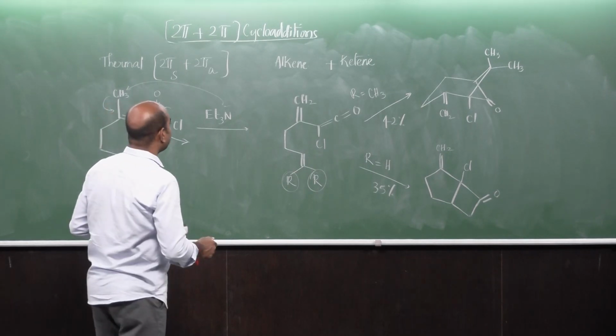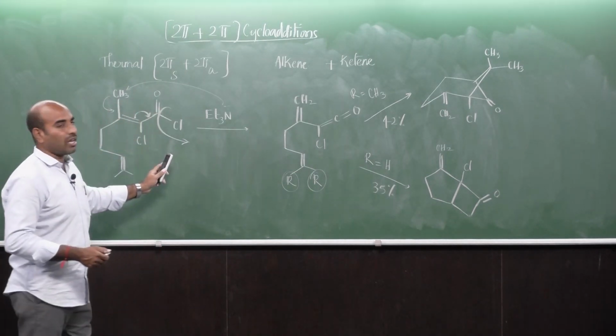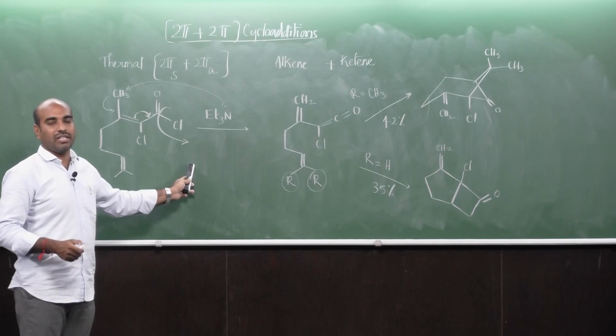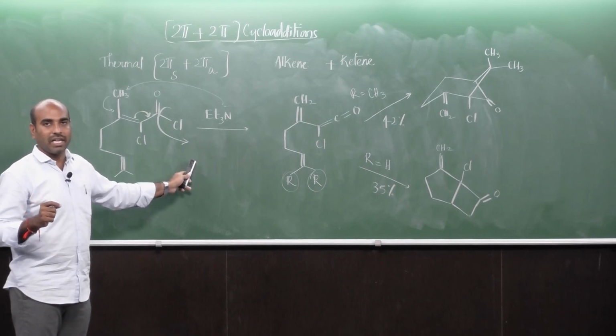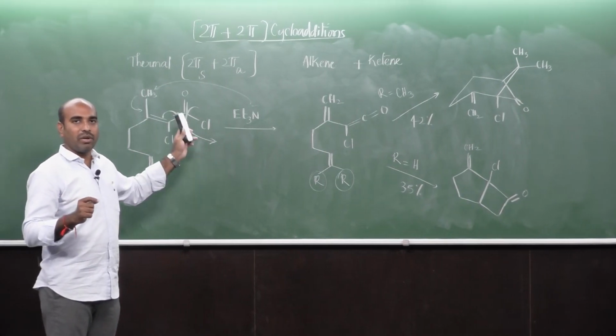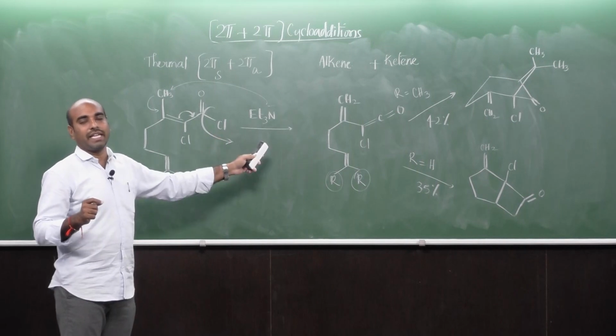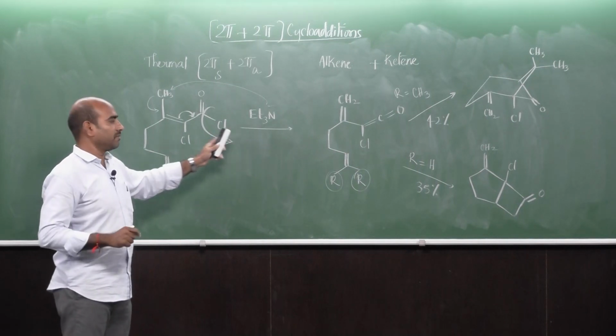So, this is an example of intramolecular cycloaddition reaction, which is typically 2π plus 2π antara mode of cycloaddition reaction under thermal conditions with an olefin and a ketene within the same molecule.